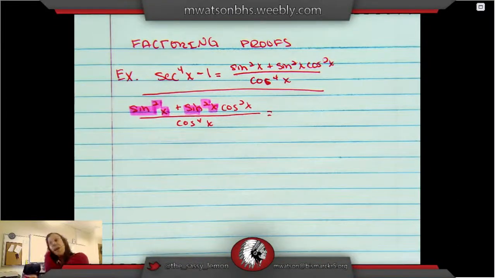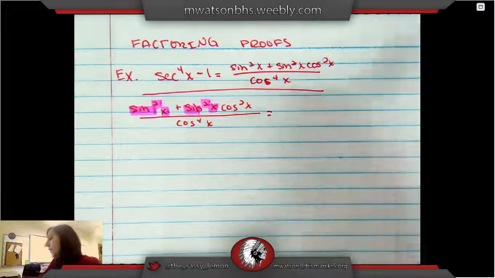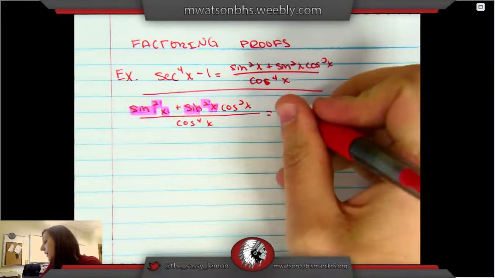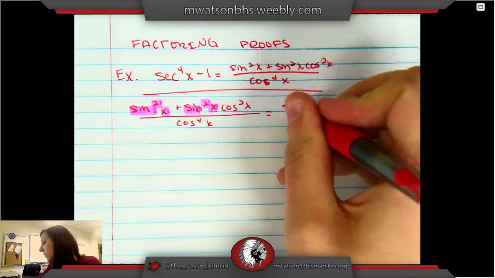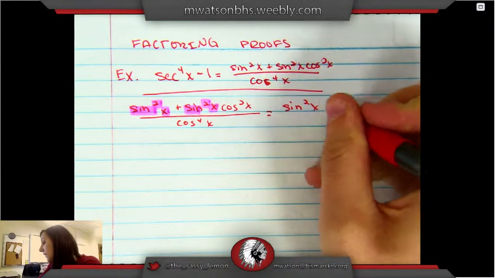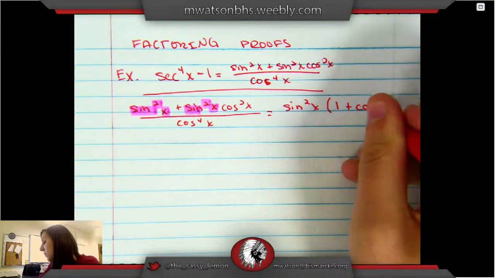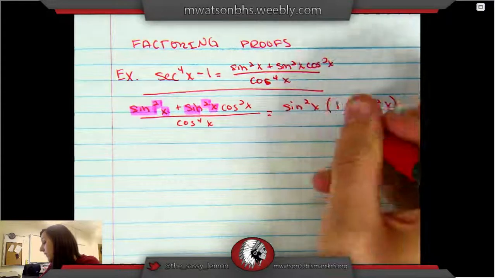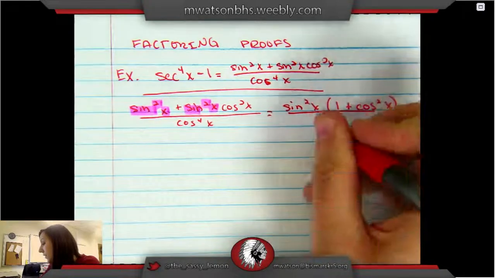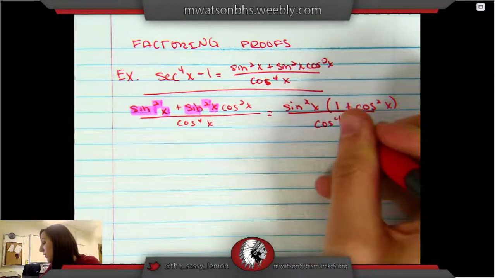So I'm going to factor that out. So now I'm going to have sine squared x times what's left over, 1 plus cosine squared x divided by cosine to the fourth x.